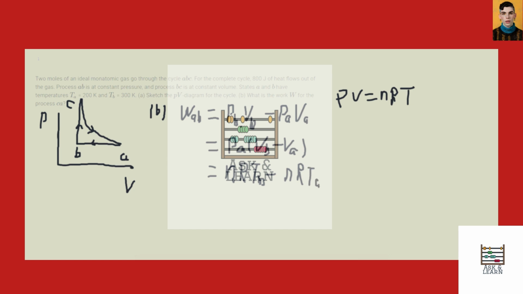We already know the temperature at state A and state B, and N is given as 2 moles. So we can just plug in numbers and find the final result for WAB. Well, the number I found is, hold on, let me check. It's 1660 joules.